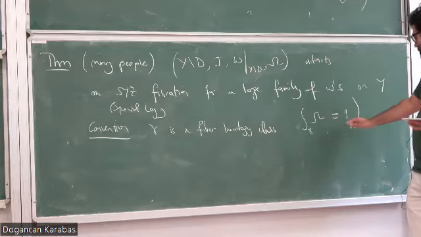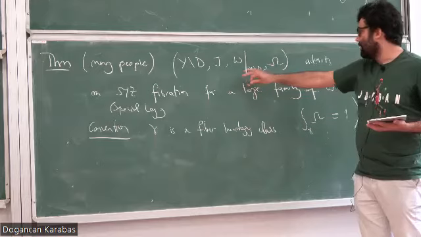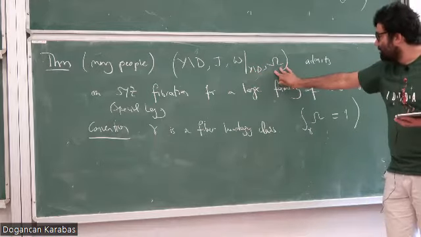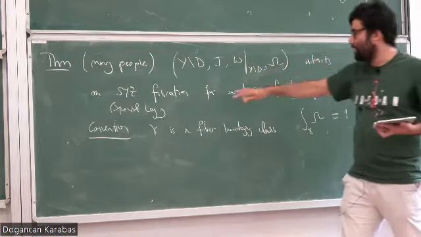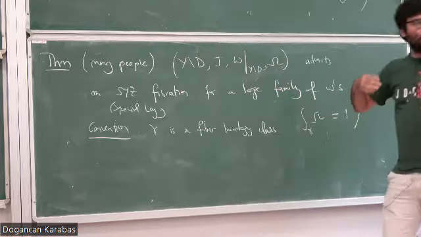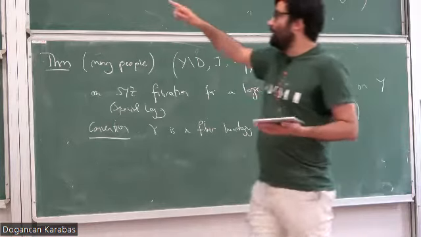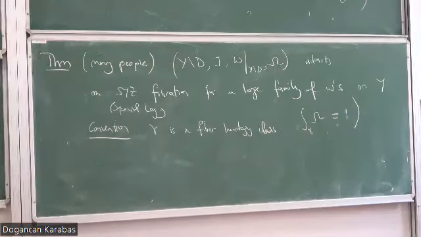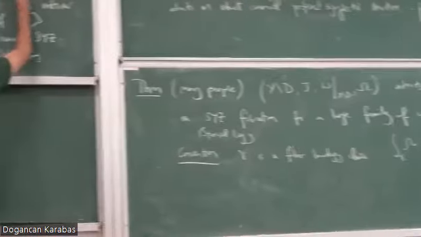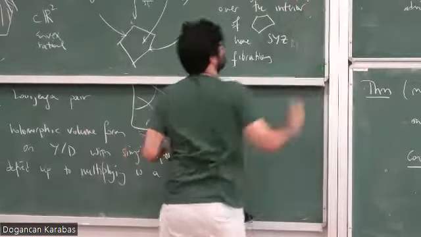Okay, and this could be some other number because I didn't say anything about it. So I get to multiply this omega with some complex number, and the SYZ fibration can also be for some particular phase. So I multiply omega with a number so that this happens. Okay. And this is going to be a 0 special Lagrangian. Okay. Lagrangian, which means that the imaginary part of omega equals 0.